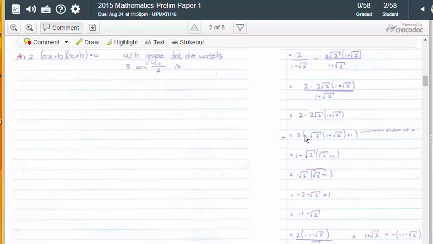I don't know what's happening here, where this extra plus 1 comes from. Where does this plus 1 come from? And why is there all of a sudden a bracket here? This was good: 2 minus 2 square root 2, 1 plus square root 2. So let's go on from there.